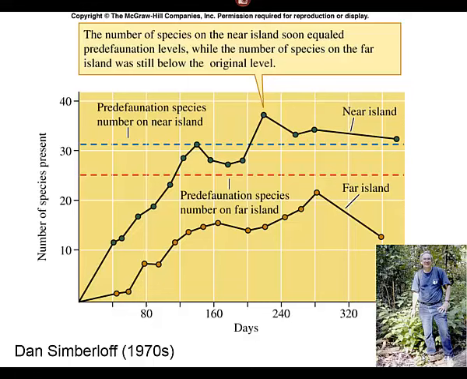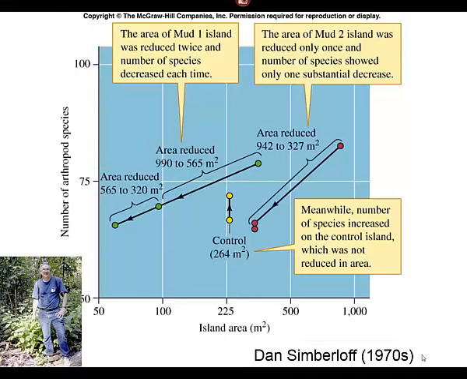Dan wasn't satisfied with that. Dan then wanted to play with a backhoe. Anyone who's ever been down to the Florida Keys knows the water is incredibly shallow around some of these islands, so shallow that you can take a simple raft out to it. In many of the islands, you can actually walk and carry your equipment. So what he did in the 1970s was to literally reduce the size of two islands.